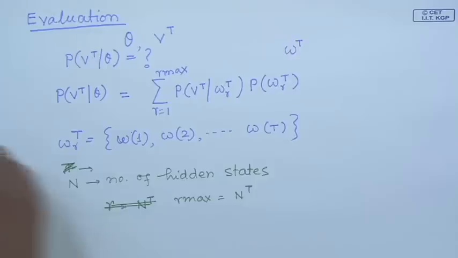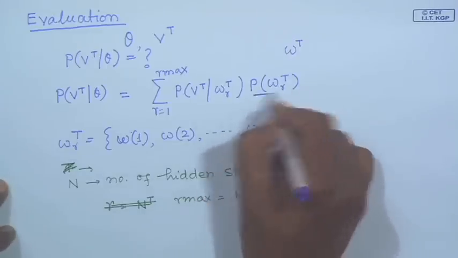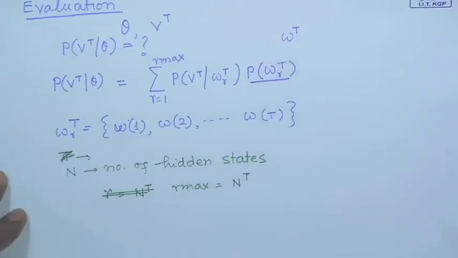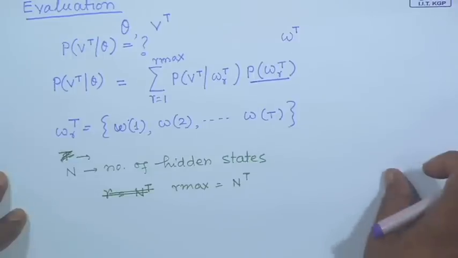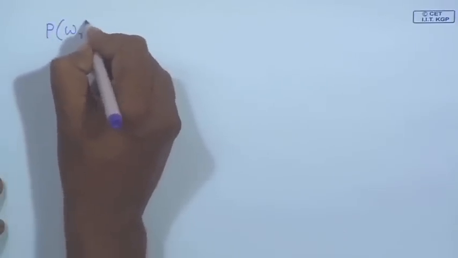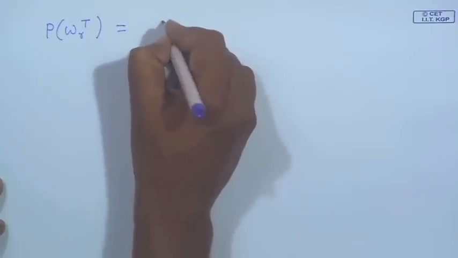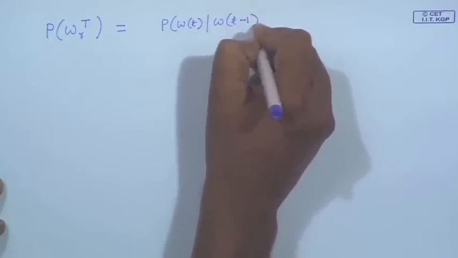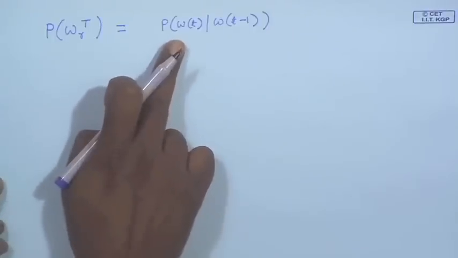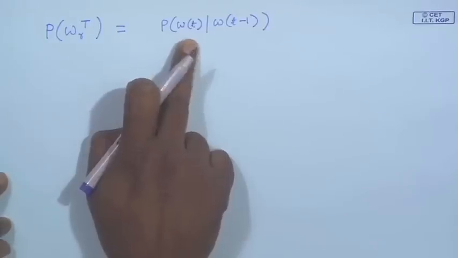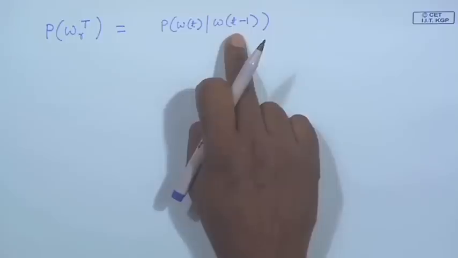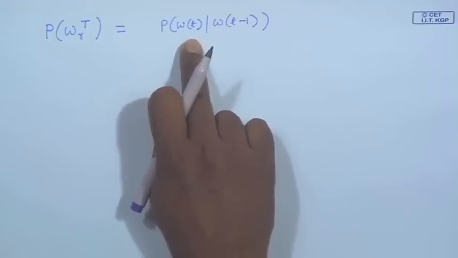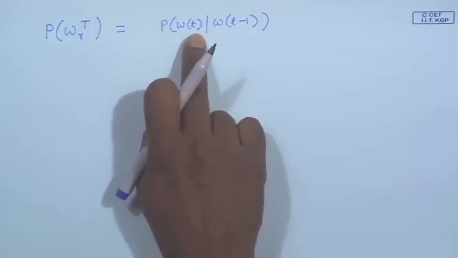And here you can compute P(omega_r^T), because this is nothing but a sequence of hidden states of length capital T. So, I can easily estimate that P(omega_r^T) is built from P(omega(t) | omega(t-1)): from a state at time step t minus 1, it makes a transition to state omega(t).